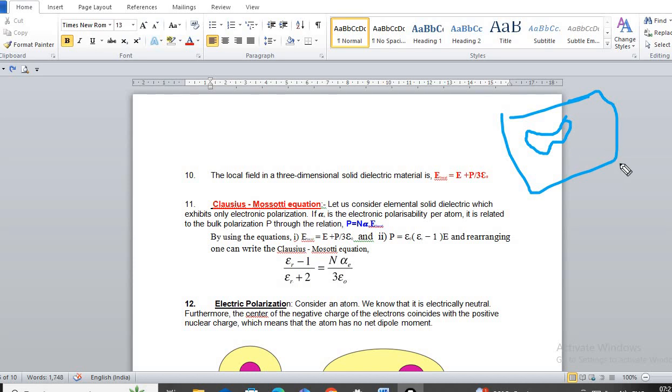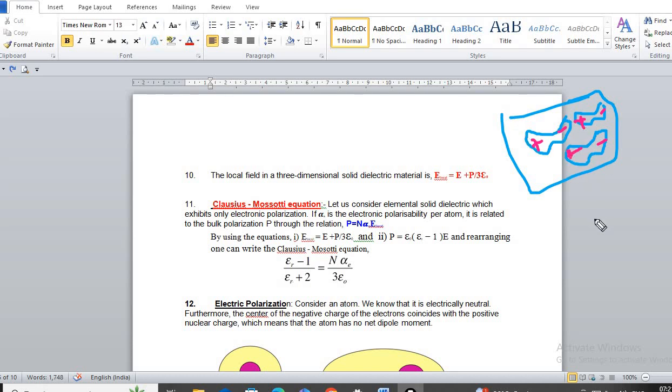Say one side is positive and another side is negative, and they are orienting in another direction. This positive and this negative will interact.